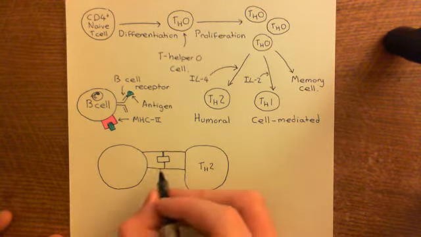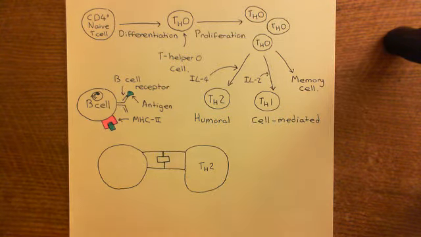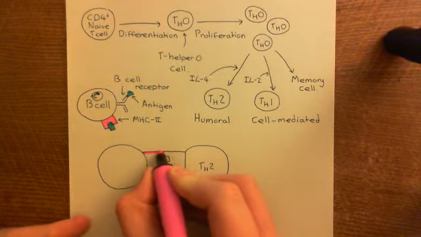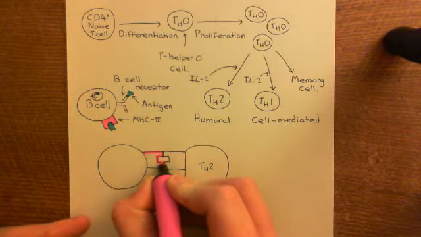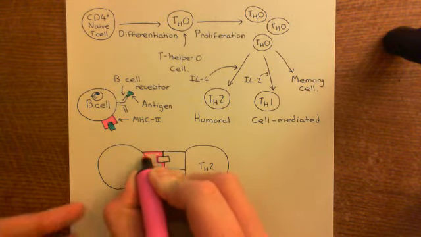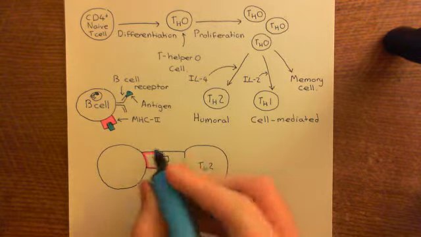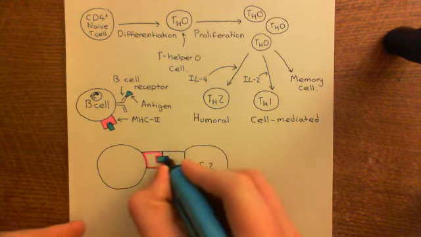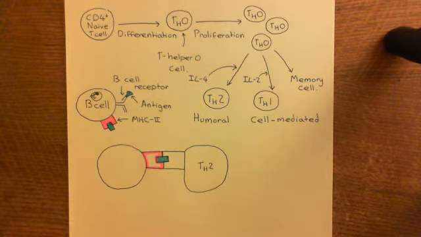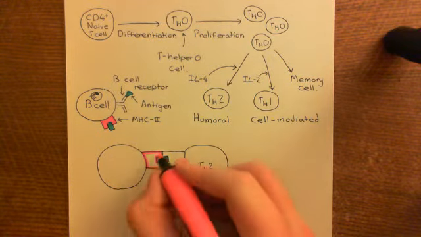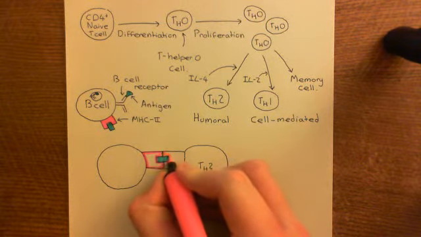And then let's highlight the different bits of this complex in here. So here is the MHC class 2 in purple. Then you've got this antigen fragment here, and that's bound to the T cell receptor on the surface of this T helper 2 cell.